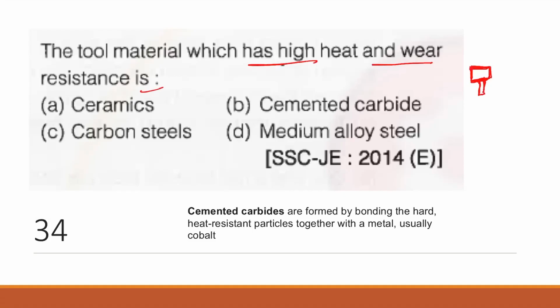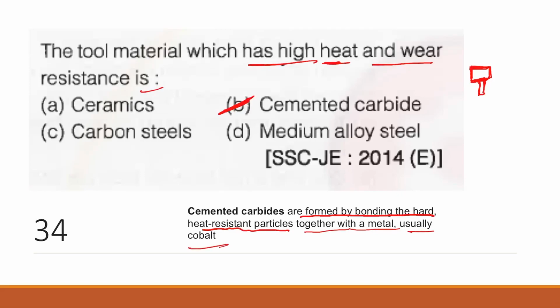And for high heat and wear resistance, we use cemented carbide. Cemented carbide is mixed with the tool, and thus it increases the property of heat and wear resistance. Cemented carbides are formed by bonding the hard heat resistant particles together with a metal, usually cobalt.